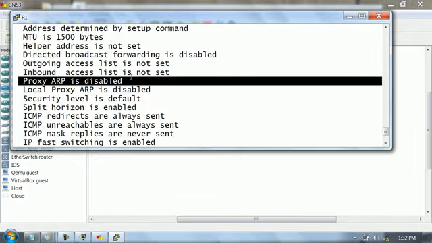Packet Tracer has a bug: it will never show you proxy ARPs. Disable.